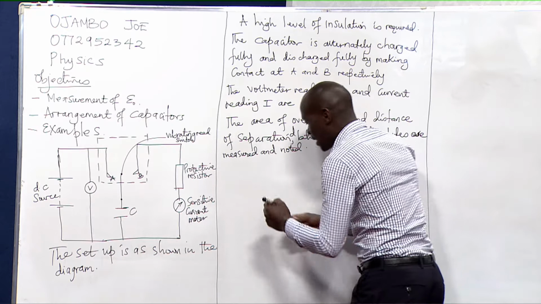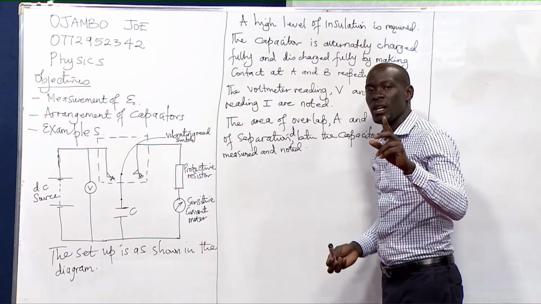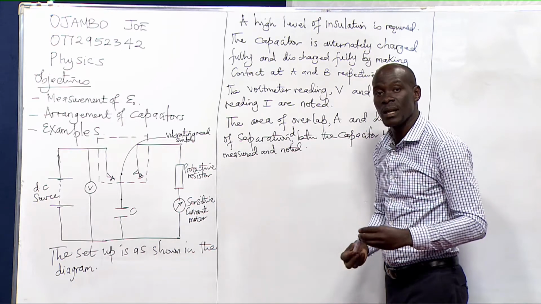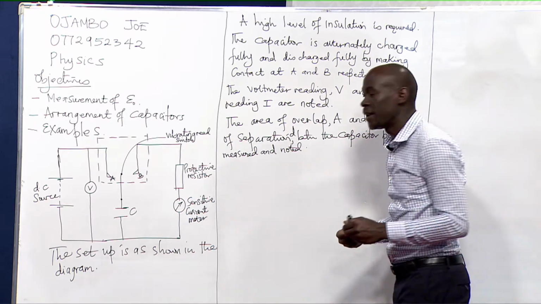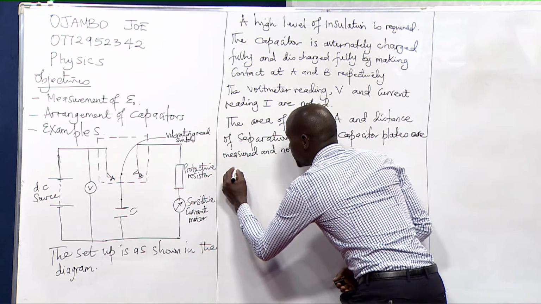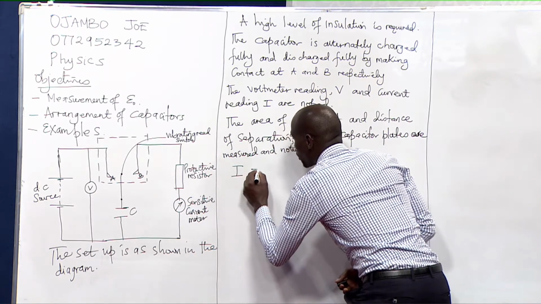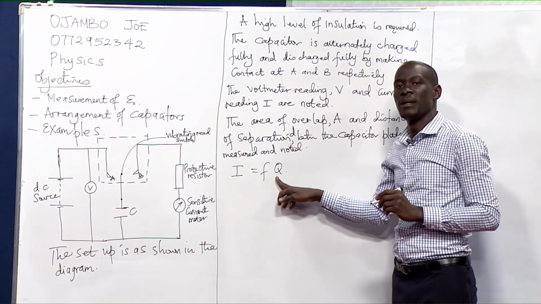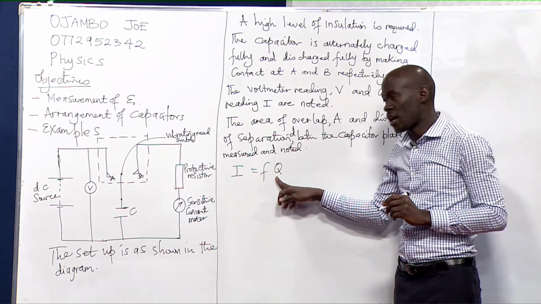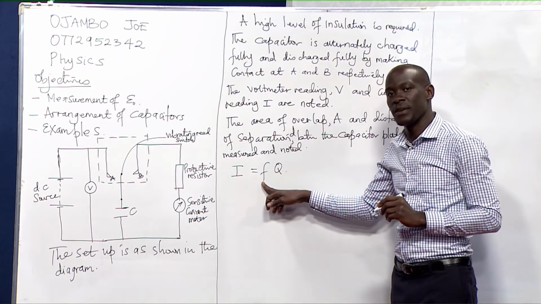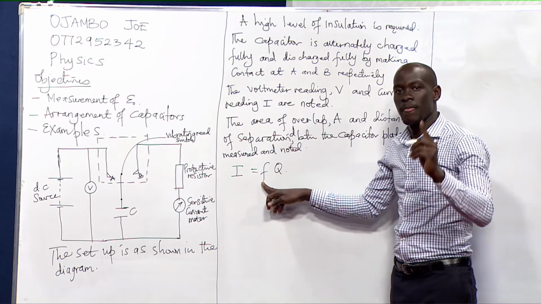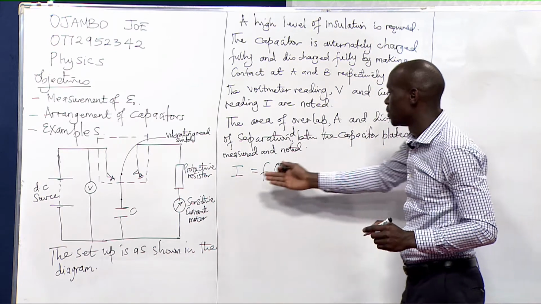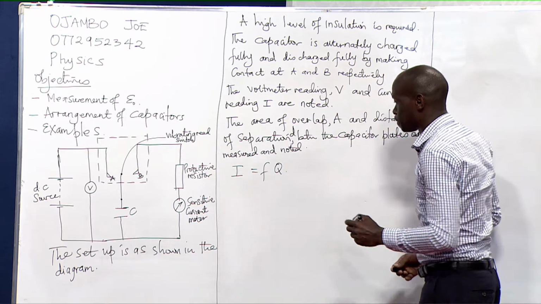Now, at the point of discharging, if the capacitor is completely discharged, then from what we said, the current I will be equal to FQ, where Q is the charge, F is the frequency of the vibrator, and I is the current that will have been discharged through, as we discussed earlier.